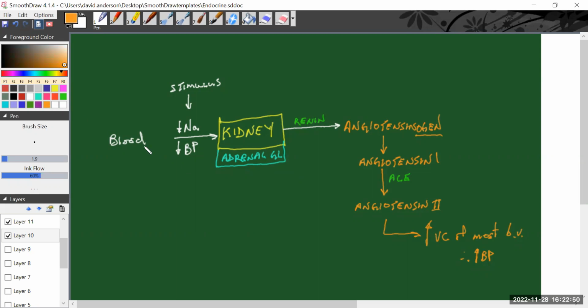We're okay with that? It's not under the kidney, that's the point I'm trying to make. It's called the adrenal gland, so it's actually on top of the kidney. The reason I didn't want to put it on top is it's going to make a mess of the lines, but I better do it because somebody's going to say I said it was underneath.